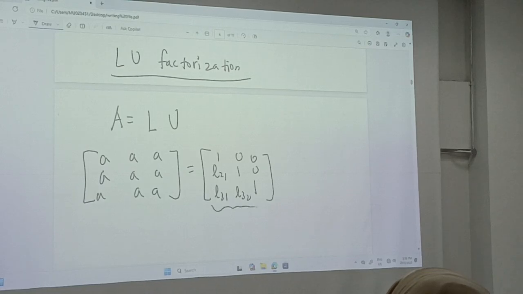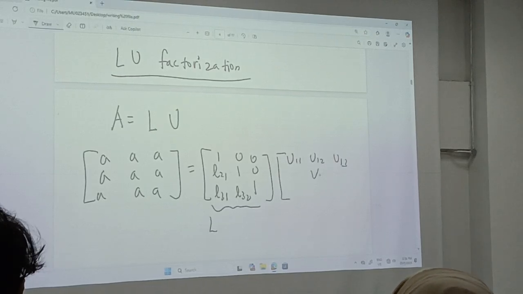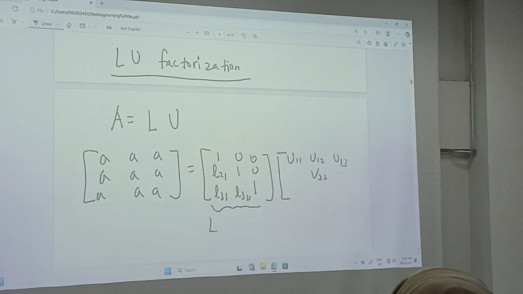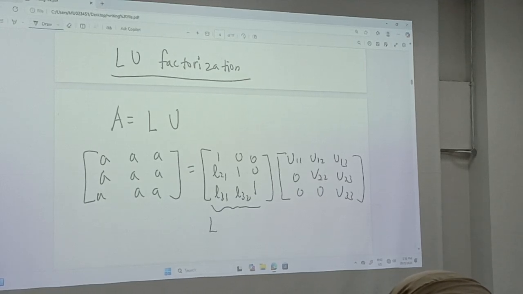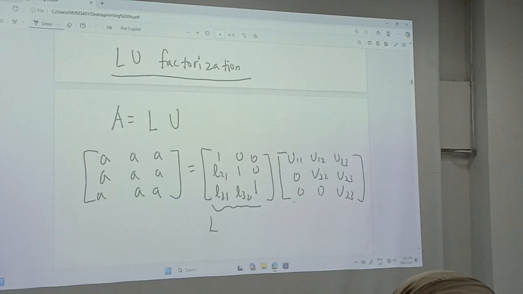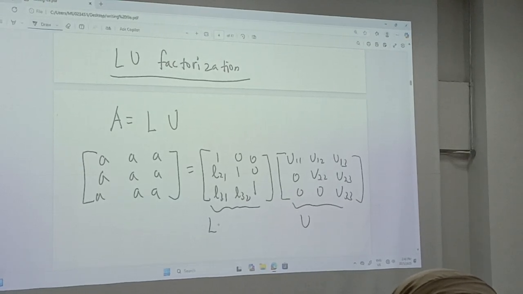So this is matrix L. And U, what is U, right? U11, U12, U13, U22, U23, U33. Okay, so below will all be zeros. So this is matrix U.